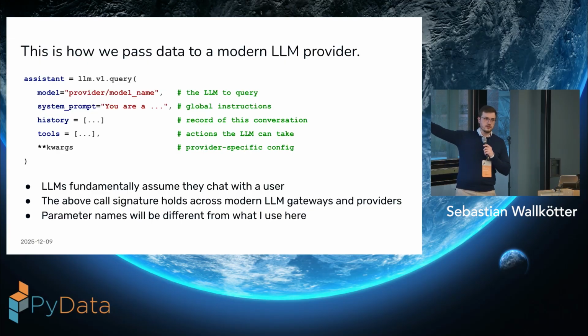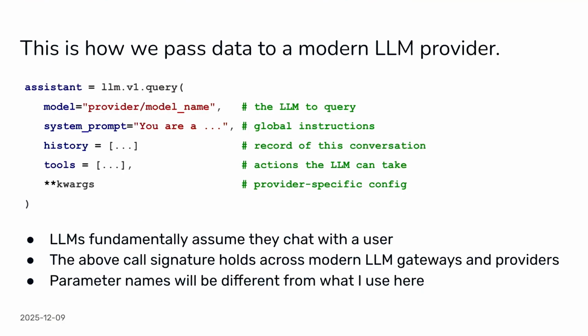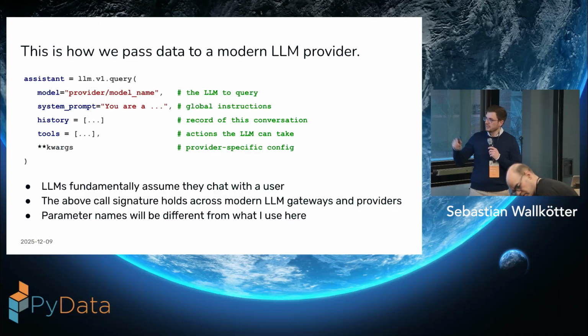You have the model that you want to call, you have the system prompt, which are the instructions for the LLM, you have the history, which you can think of as the record of the conversation that you had with the LLM, and finally you have the list of tools, which are the functions or the things that the LLM can call or the things that it can do. And you need to specify all these four things, and then you can call your LLM.